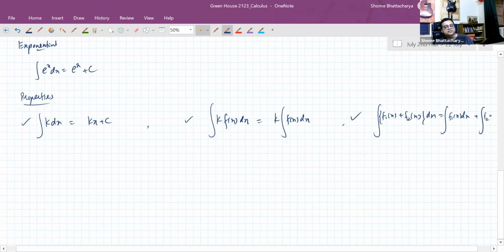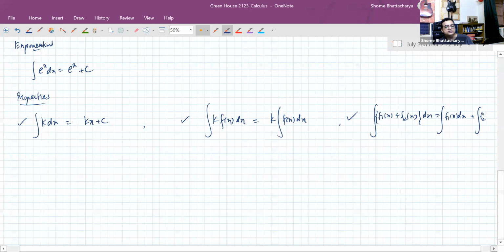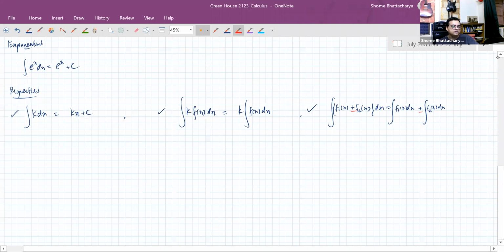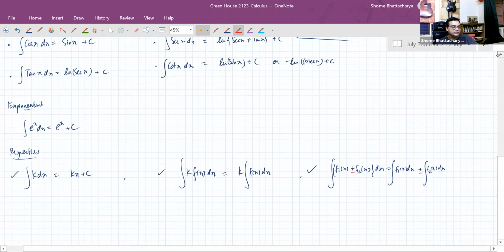Or if there's a difference of two functions, then we take the difference of their individual integrations, so if the sign in between is minus, there will be a minus sign. With these properties along with the formulae, you can integrate virtually any basic type of function.